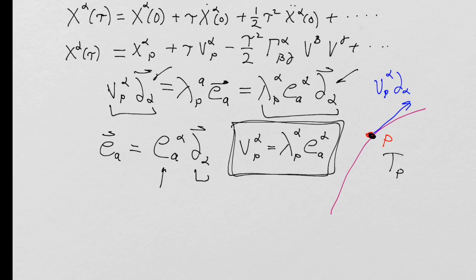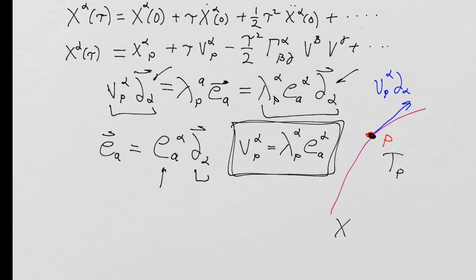So I've basically got a relationship between two arbitrary coordinate systems. The difference is that we assume the coordinate system x on the space-time is already set in stone, and I could really play around with the basis system at TP.